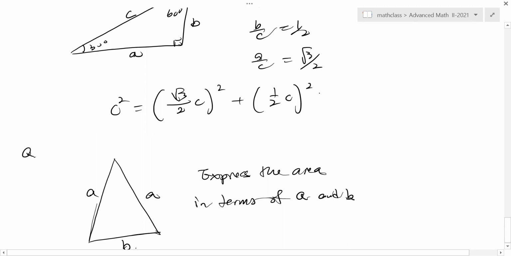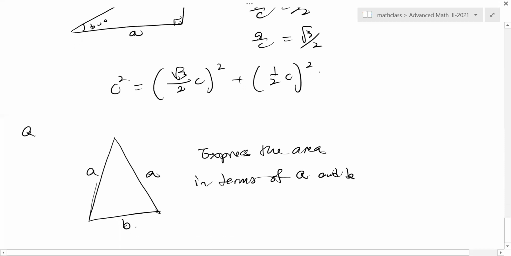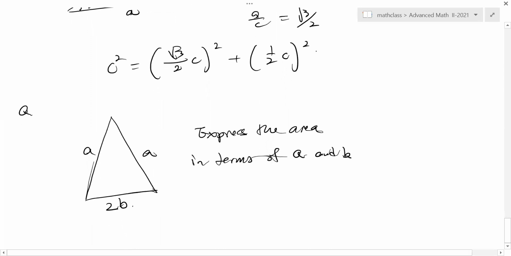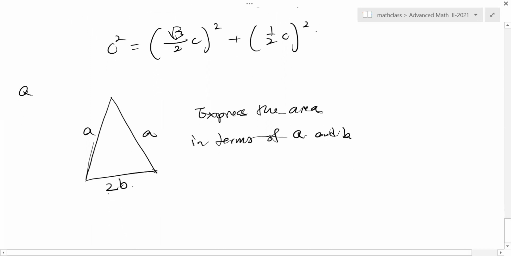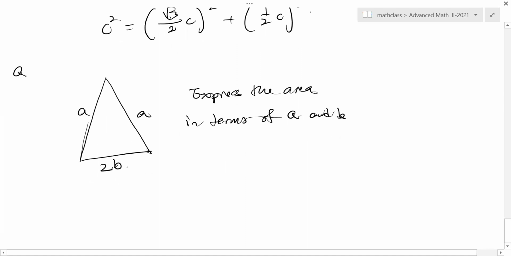Yeah, I told you there are a couple ways to do it, right? For this particular one, these three sides are given, so you can use Heron's formula. Right? You can make it easier. The other side I call 2B, okay? Make it easier, otherwise the coefficients will be bad. Okay, this side 2B and sides A and A. Now, by the triangle inequality, okay, 2A must be greater than 2B.